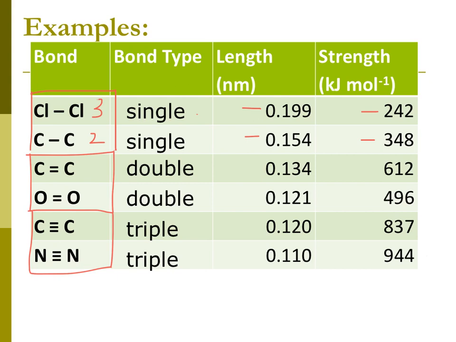Carbon's atomic number is 6 and oxygen's atomic number is 8, meaning that carbon has 6 protons and oxygen has 8 protons. More protons will be better at pulling the electrons. So you would have a stronger bond in your oxygen than you would in your carbon.